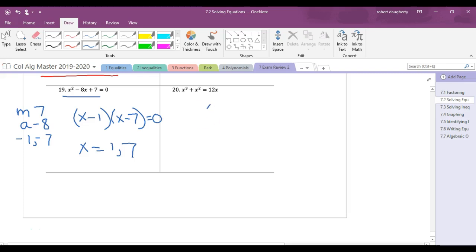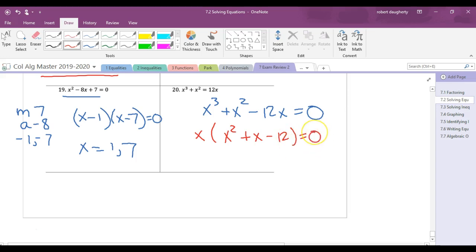Next problem. Let's set it equal to 0. x cubed plus x squared minus 12x equals 0. What you're always taught, if the greatest common factor works, do that first. I can factor out an x, and this is x squared plus x minus 12 equals 0. Inside that parentheses is a quadratic.